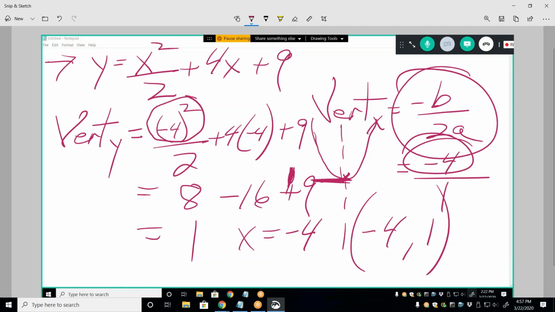So make sure when they're asking for minimums and maximums, are they asking for what the minimum and maximum is, or are they asking for where it occurs on the horizontal scale? They're two different things. One is the x-coordinate of the vertex, and the other is the y-coordinate of the vertex. In other words, this function can never get below 1. There are no values that ever produce a y less than 1. But it can be equal to 1.